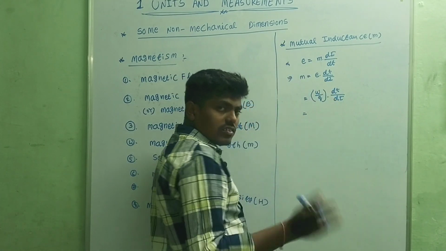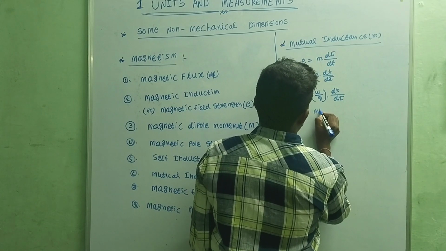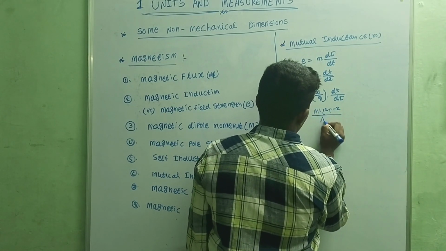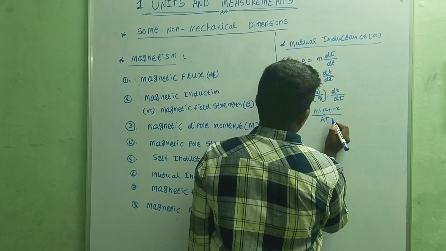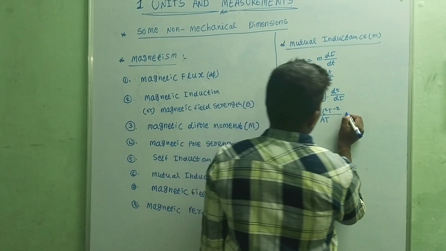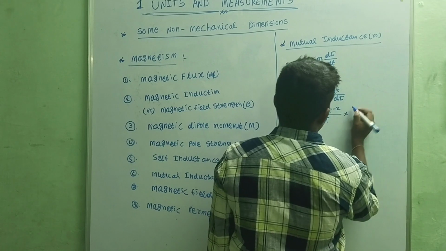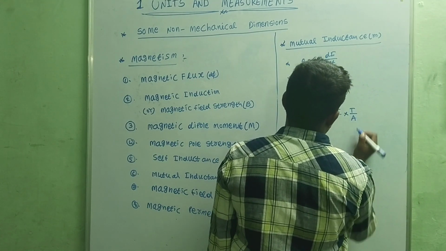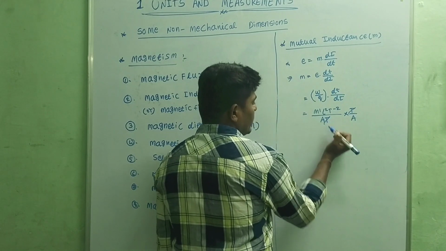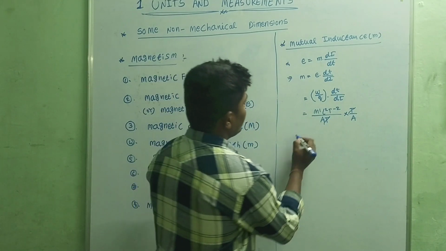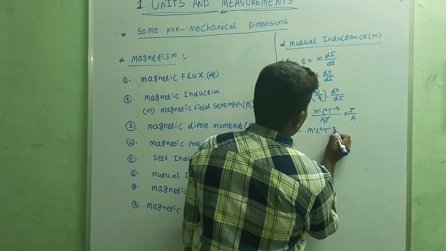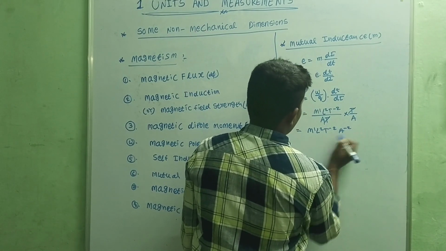The dimensions of work are M1 L2 T minus 2, divided by the dimensions of charge, which is AT. The dimension of time is T and the dimension of current is ampere A. Now T gets cancelled, so that equals M1 L2 T minus 2 A minus 2.